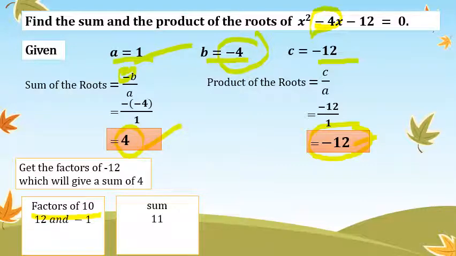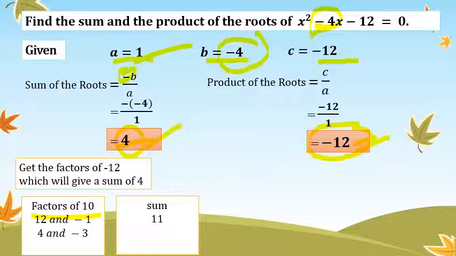Okay, mag-try ulit tayo ng ibang factor ng 12. So, meron tayong 4 and negative 3. So, 4 times negative 3, ang sagot ay negative 12. By the way, mga bata, bakit pala mas mataas palagi ang value ng positive natin? Kasi po, positive yung hinahanap natin na sagot, positive 4.